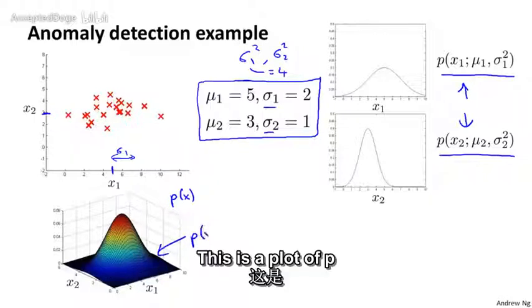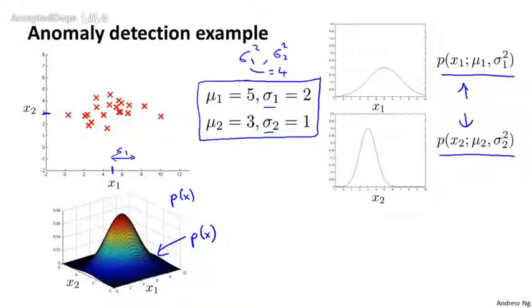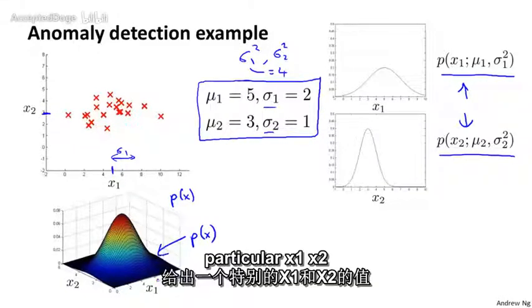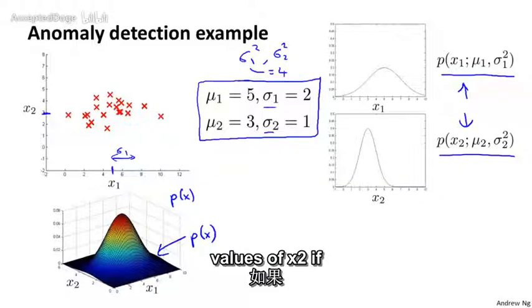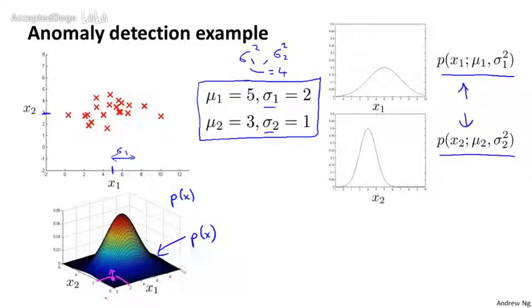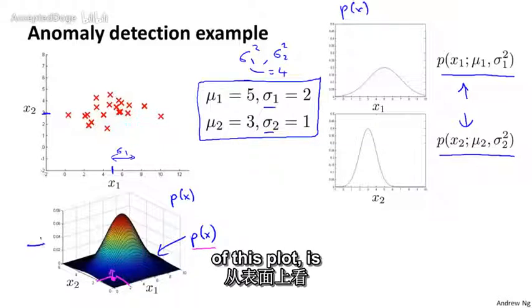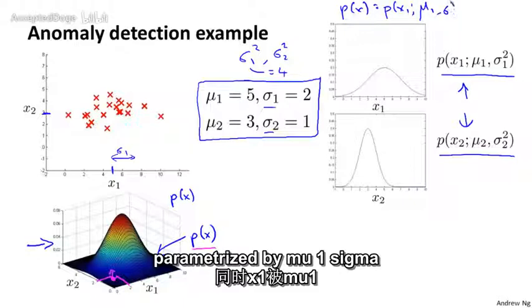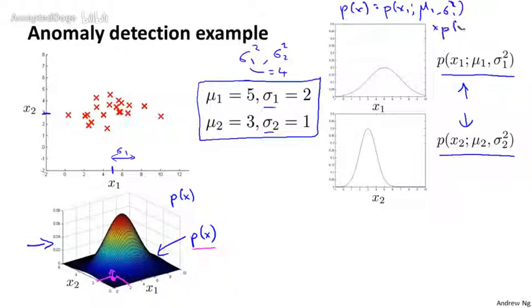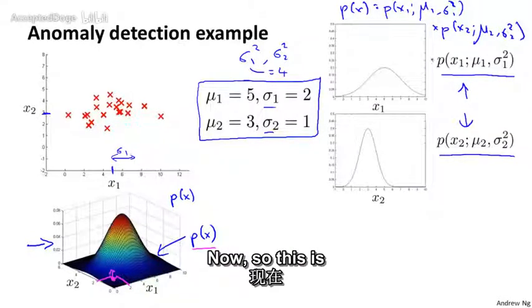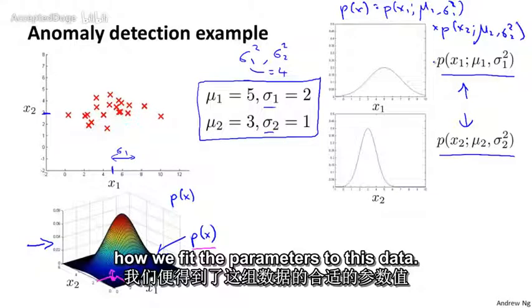So this is a plot of p of x, where the height of this surface at a particular point, given particular x1, x2 values, say x1 equals 2, x2 equals 2, that's this point, and the height of this 3D surface here, that's p of x. So p of x is the height of this plot. This is literally just p of x1 parameterized by mu1 sigma squared 1 times p of x2 parameterized by mu2 sigma squared 2.